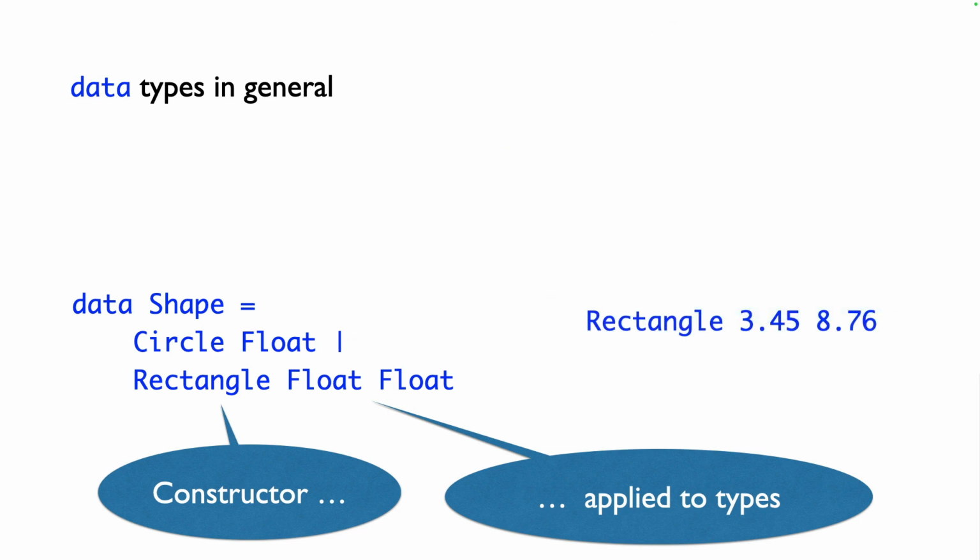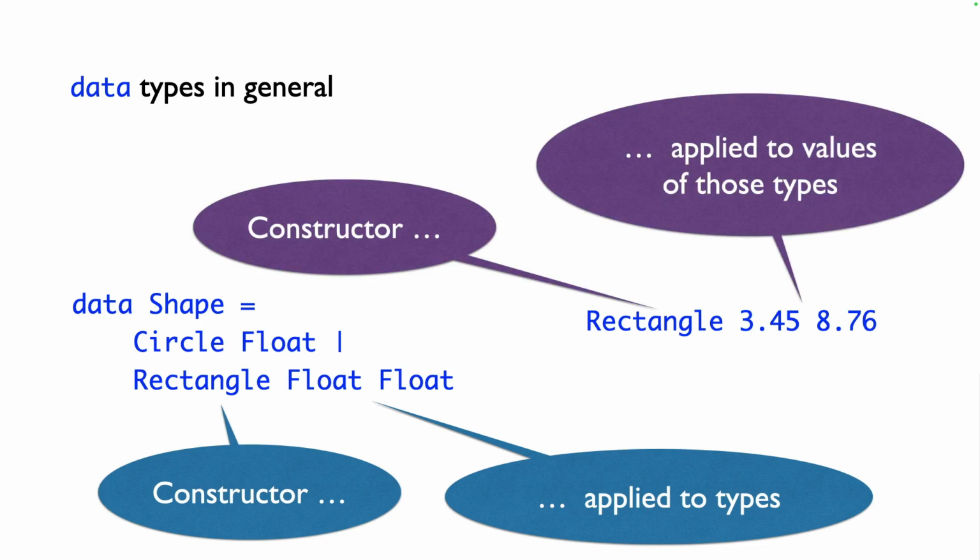So particular examples of the type look like the constructor, Rectangle, applied to values of those types. So we've got Rectangle here applied to Float and Float in the definition of the data type. So a value will look like Rectangle applied to two particular floating point numbers, here 3.45 and 8.76. So a data type introduces a number of constructors, beginning with capital letters.